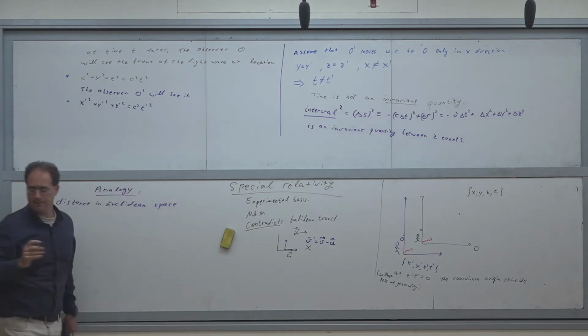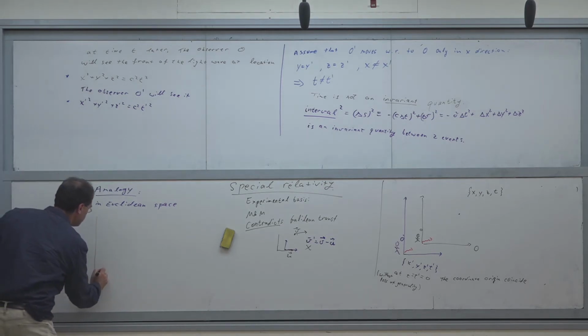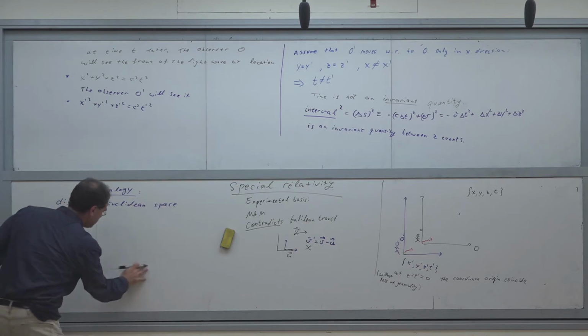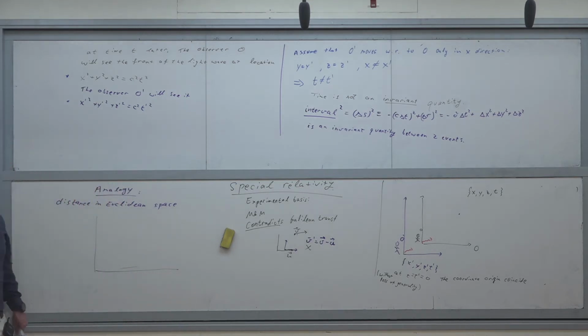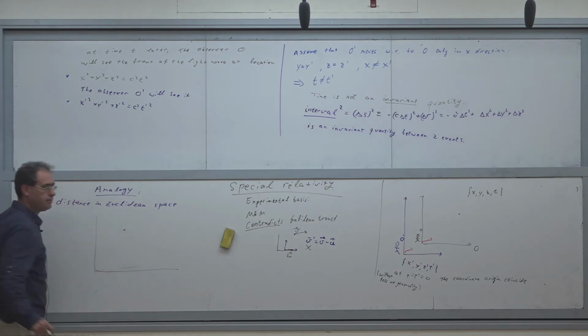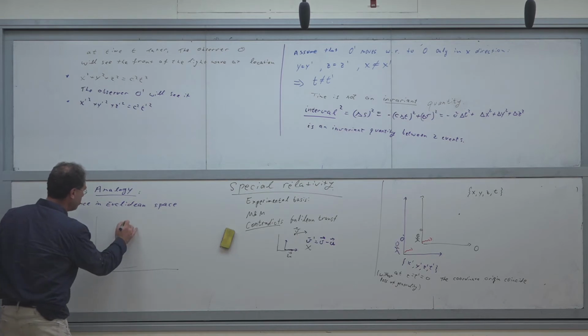So let's look at simple Euclidean space, two-dimensional Euclidean space. Right? So let's say I have a point here. The coordinates of the point are x1 and y1.